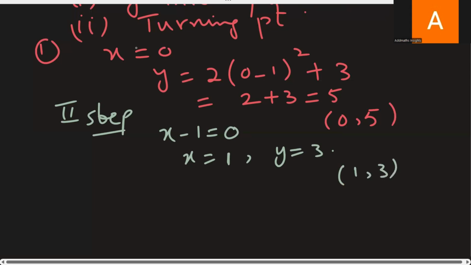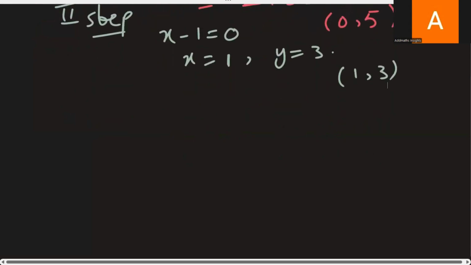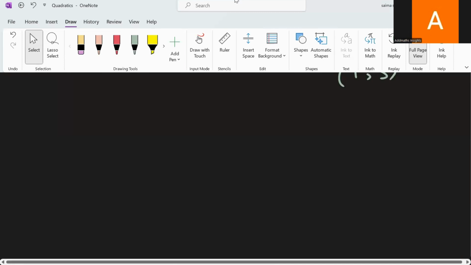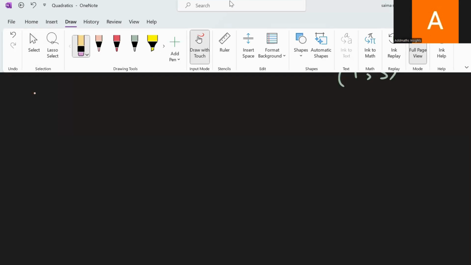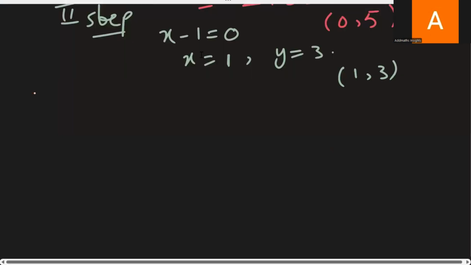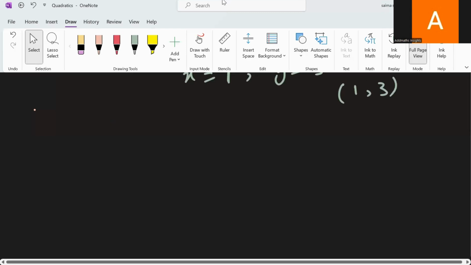Now you will learn to sketch the curve. We just need these 2 points: 1, 3 and 0, 5.